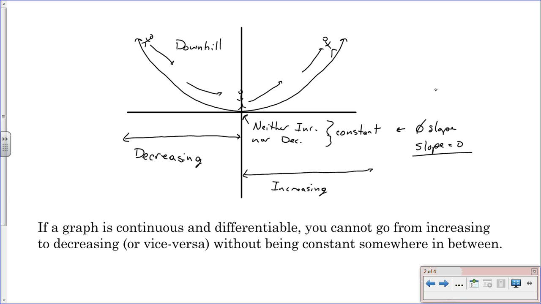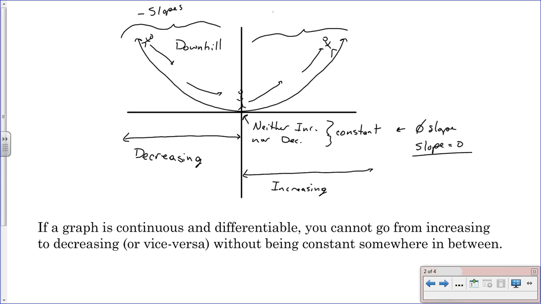Anytime you have a graph that is continuous and differentiable, you cannot go from increasing to decreasing or vice versa, as in this, because this goes from decreasing to increasing, without being constant somewhere in between. What that means is we know all of these slopes are negative, because if you draw a line tangent to all these points along here, they would all have negative slopes.